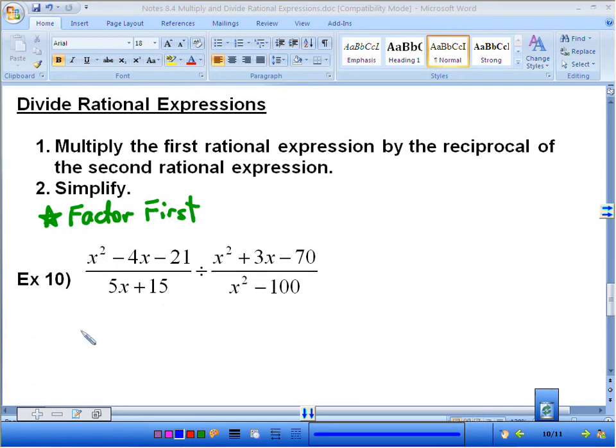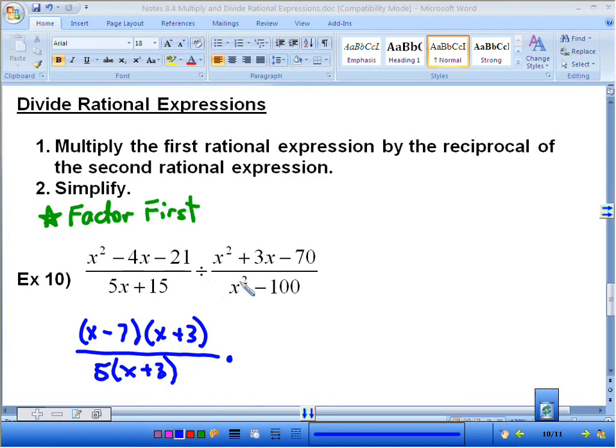So, the first part factors into x minus 7, x plus 3. I can factor the denominator here by taking out a 5. I'm left with x plus 3. Now remember, I want to multiply and flip the fraction.